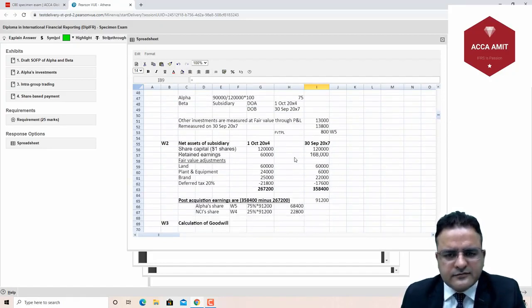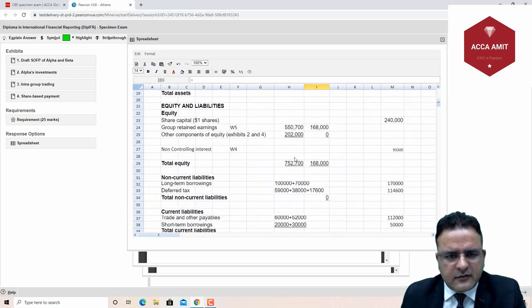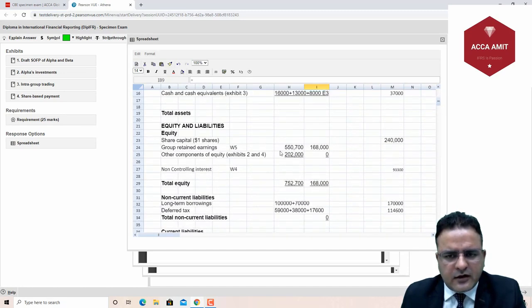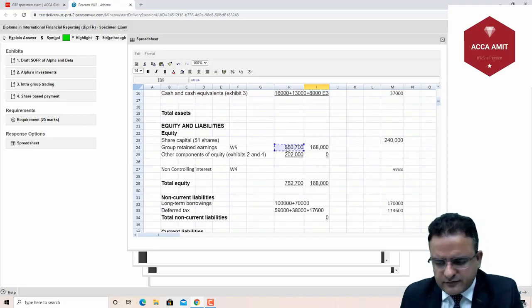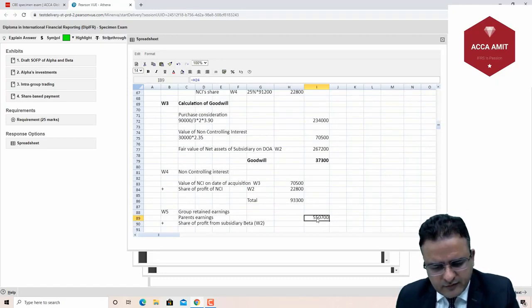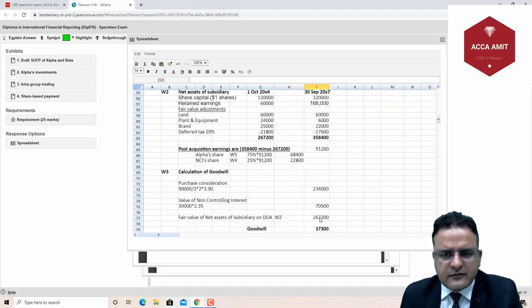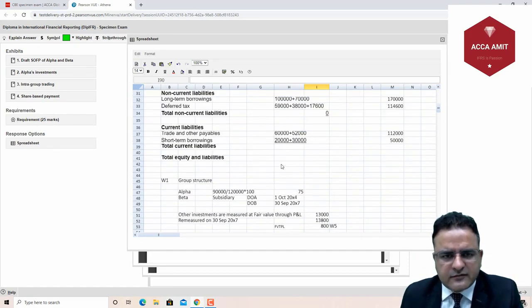Parents' earnings are equivalent to 5,50,700.